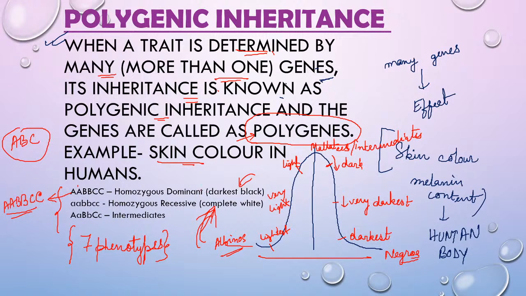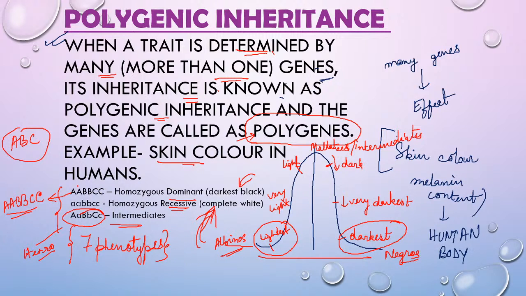Melanin pigment is more in the darkest, dominant person, whereas melanin pigment is the lowest in the albinos, the completely whites. These are the intermediates, which are the heterozygous. These are the heterozygous intermediates, and these are the homozygous dominant and homozygous recessive ones. I hope it is clear.